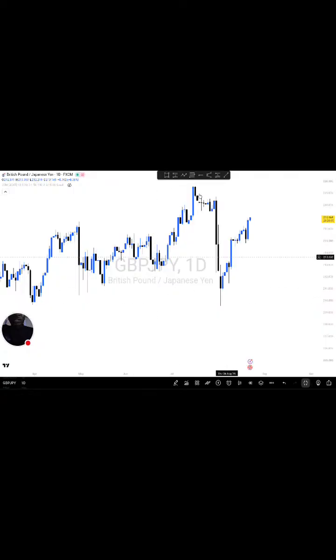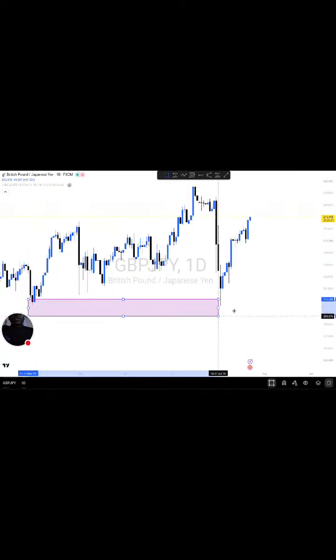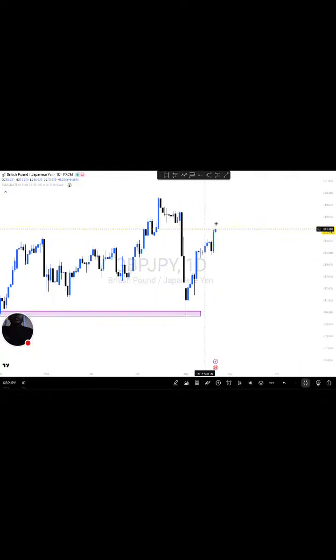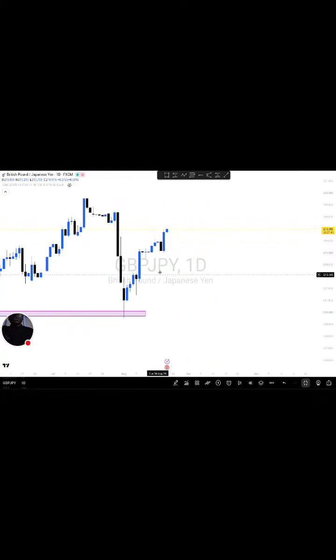You can see that the market previously reacted from this demand zone, from this supply zone. Now you can see this is a support zone. So the market recently reacted to this support zone before it moved to the upside.